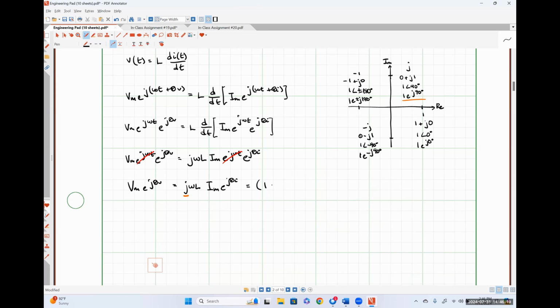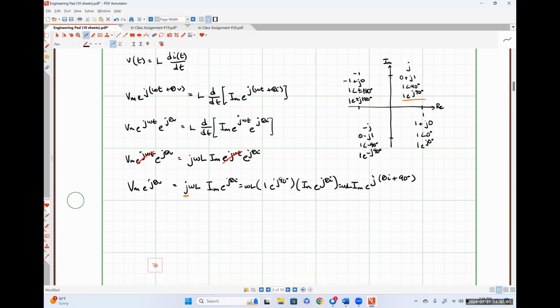So we would have 1e to the j 90 degrees times Im e to the j theta I. And doing this math, 1 times Im is just Im, and then we'll have e to the j theta I plus 90 degrees. Oops, I forgot there's a factor of omega L here as well, so let's tuck that in. Like so. Sorry about that, crossing it all together.